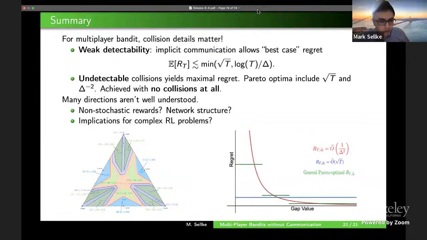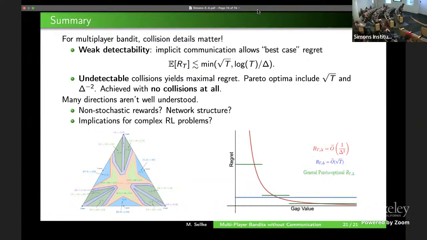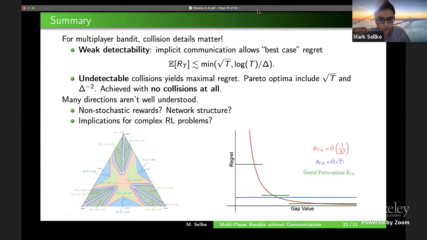Intuitively, if collisions are strongly detectable, like you're told whether you collide, you can get this square root t algorithm. But for non-stochastic rewards, I just don't know that much you can do. I think it's just very open.